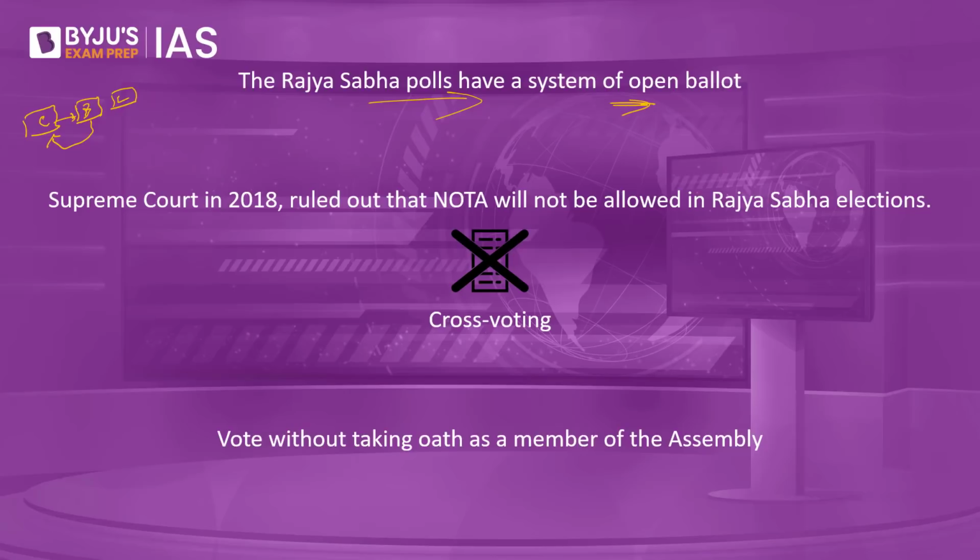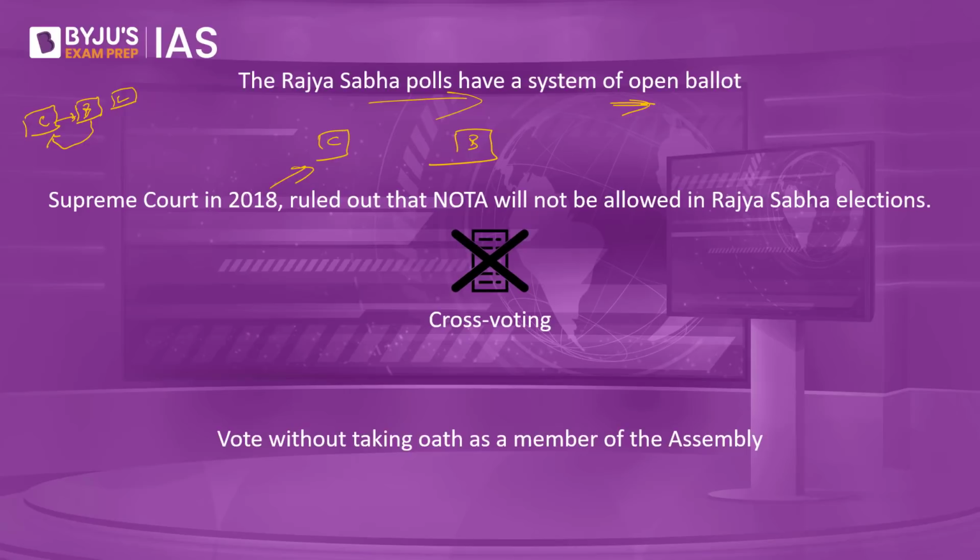We have what is called the authorized agent of that political party. So the Congress will have its own agent, BJP will have its own agent. So the MLA, when he is casting a vote, has to showcase this paper to the authorized agent, only of his own political party and not to the opposition political party.